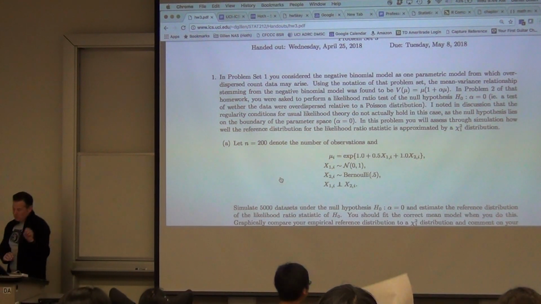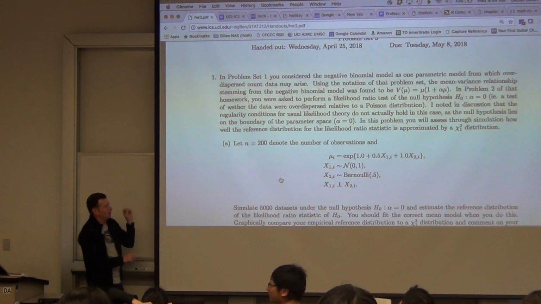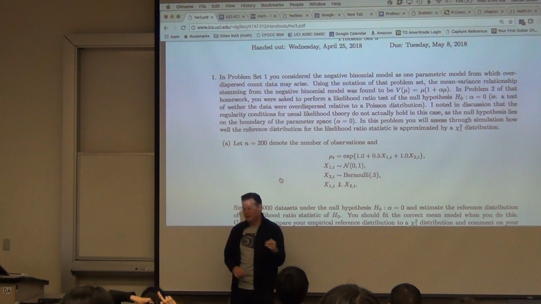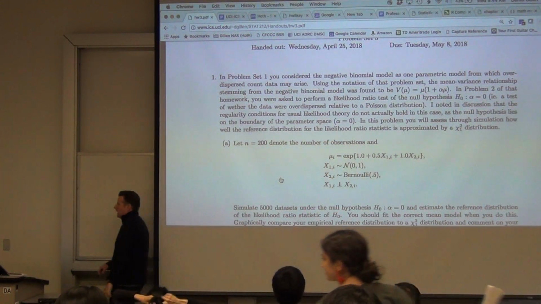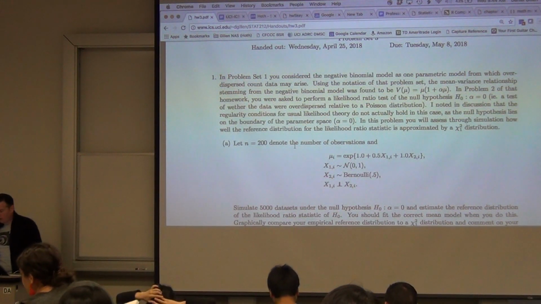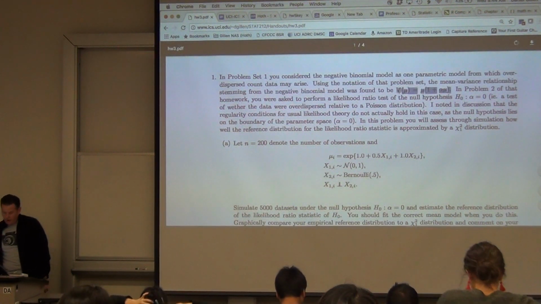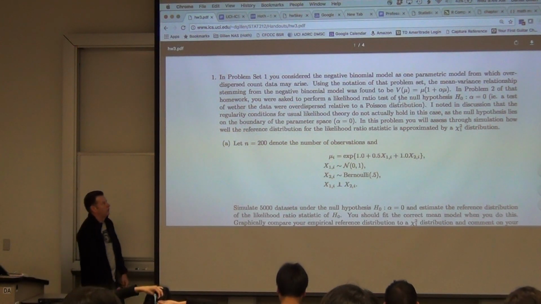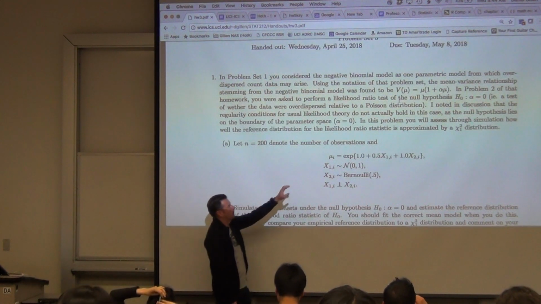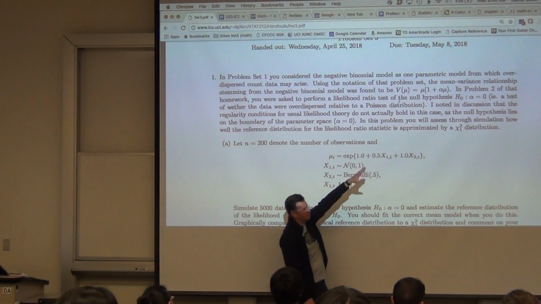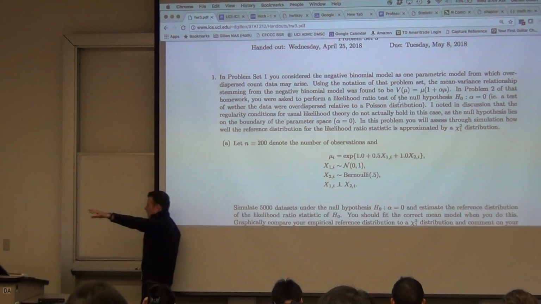So what happened was in problem set 1, you guys derived the negative binomial model. And you did that by assuming a random effect, quote unquote, a random intercept truly in that problem. And what you saw when you derived that is that relative to a Poisson distribution you were overdispersed, and that your mean variance function looked like mu times 1 plus alpha mu.